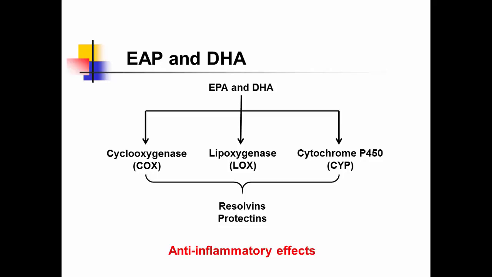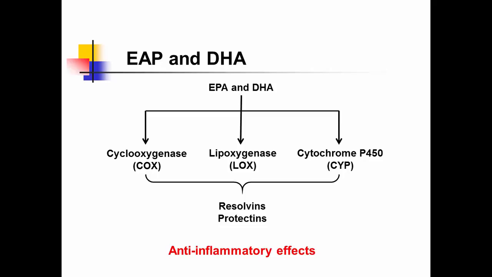They use the same set of enzymes to synthesize different bioactive compounds. They are called resolvins and protectins. Resolvins and protectins are very important bioactive molecules involved in the anti-inflammatory response, right? So you can see that omega-3 and omega-6 family members are involved in the biosynthesis of different sets of bioactive molecules, right?